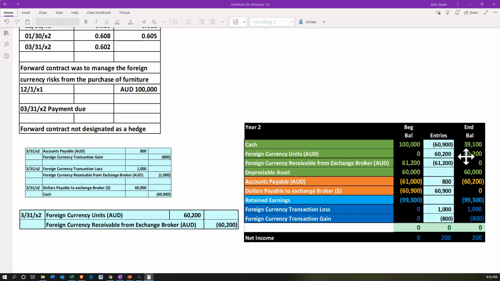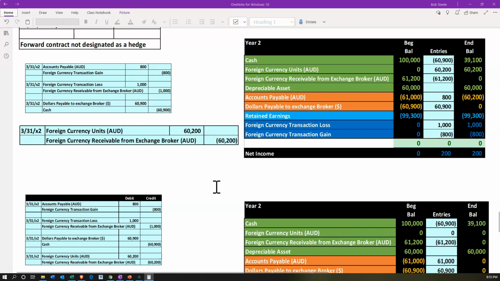received. Then on the other side of things, we have the receivable, which is the foreign currency receivable from the exchange broker that will go down. So this item goes down to 0 now. Again, we got paid 100,000 Australian dollars, but we had revalued this receivable to the US dollar equivalent, and now we're going to take it down by the US dollar equivalent down to 0.